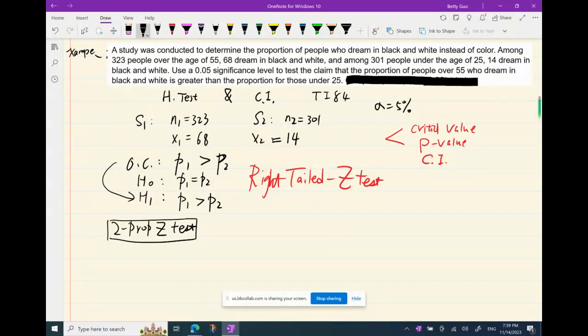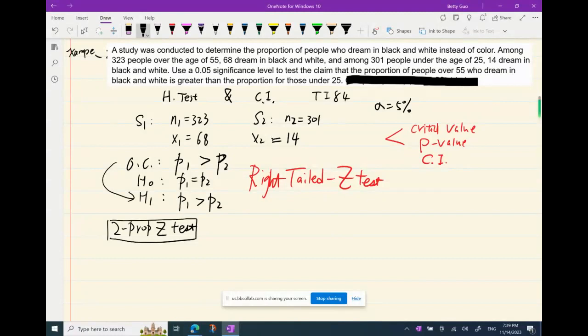Everybody get it ready? We go to STAT and the TESTS, and we go all the way down to find 2-PropZTest, number 6 on my calculator.